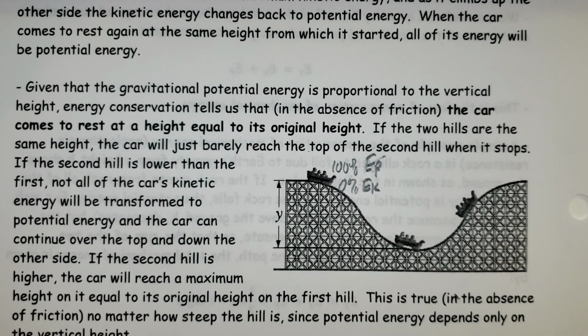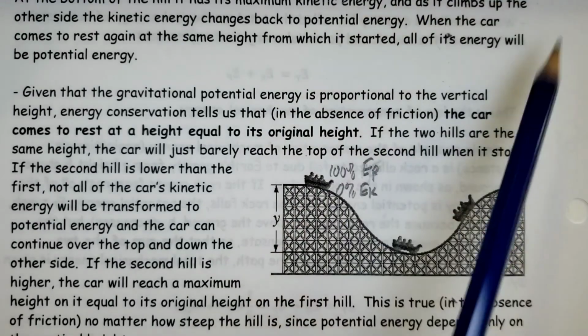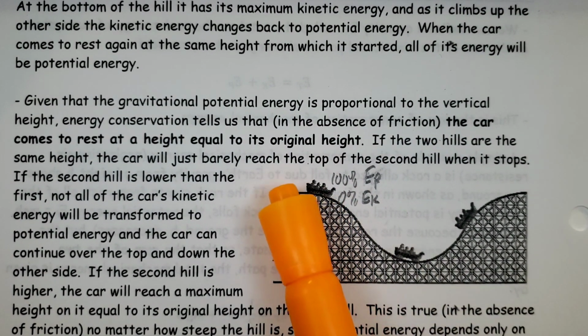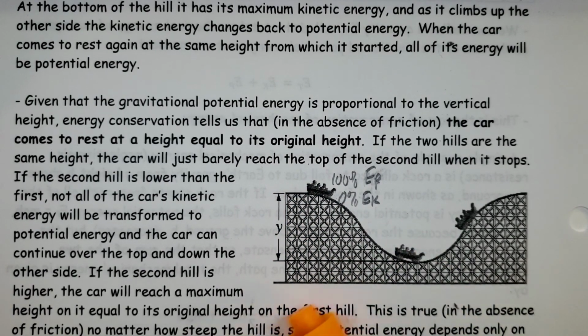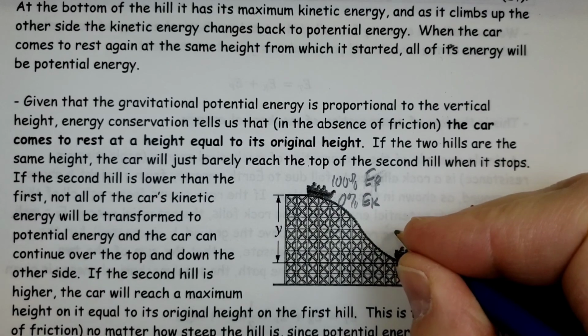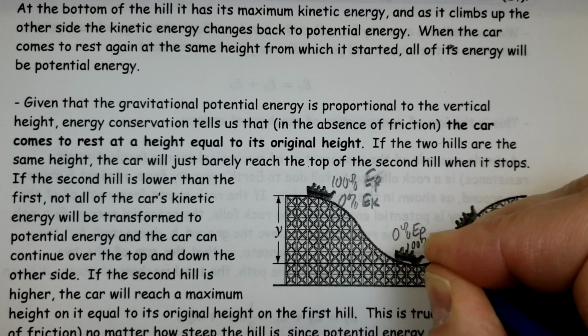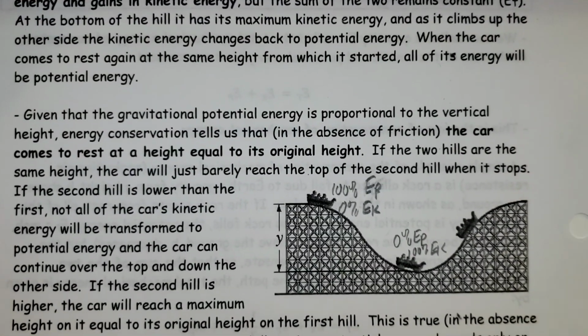Because at the very start of the roller coaster, which is kind of the scariest part, all the anticipation of what's to come, you're not moving at the very top of the hill, and then you go down, and then at the very bottom you may have 0% EP and 100% EK. So it changes at the very bottom.